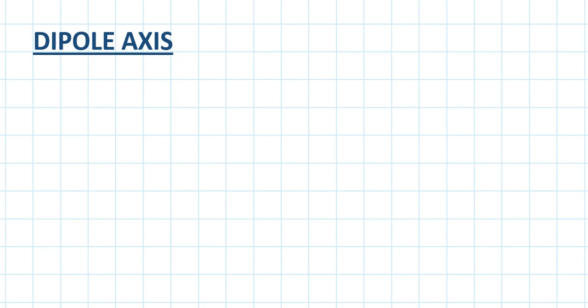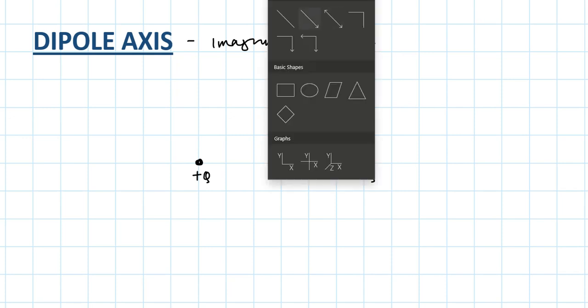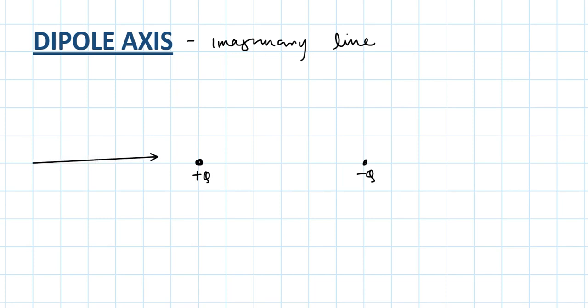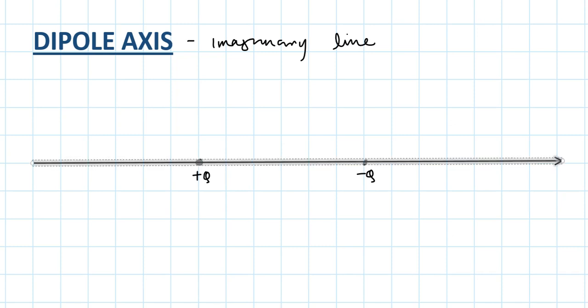This dipole axis is an imaginary line that actually connects the two dipole charges, or an imaginary line that passes through two of the charges and extends up to infinity on either end. So this line is your dipole axis.